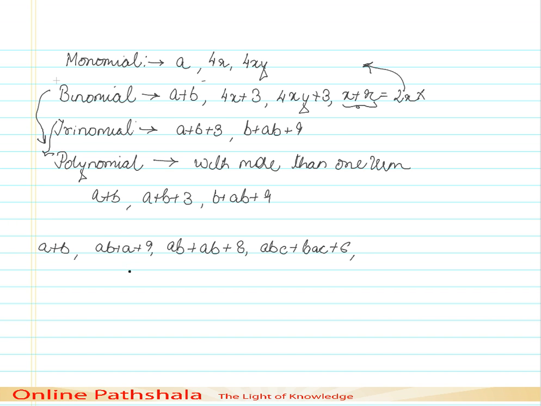You can pause here and try on your own, or you can go ahead with this. So here the first term is a plus b. You can see that a and b are two unlike terms. As they are two unlike terms, they will be considered a binomial.